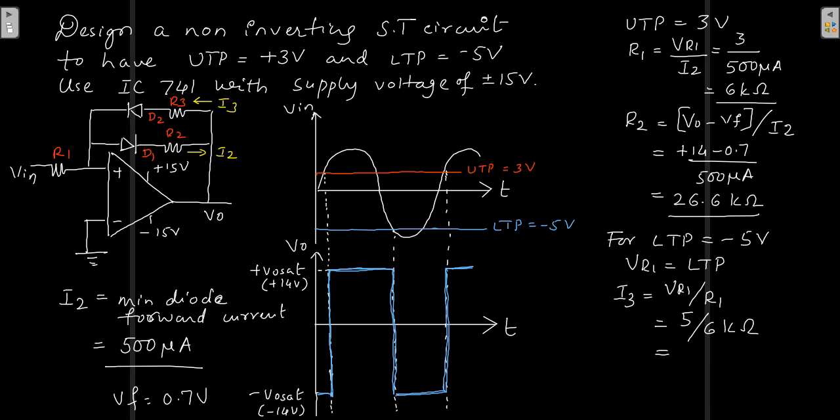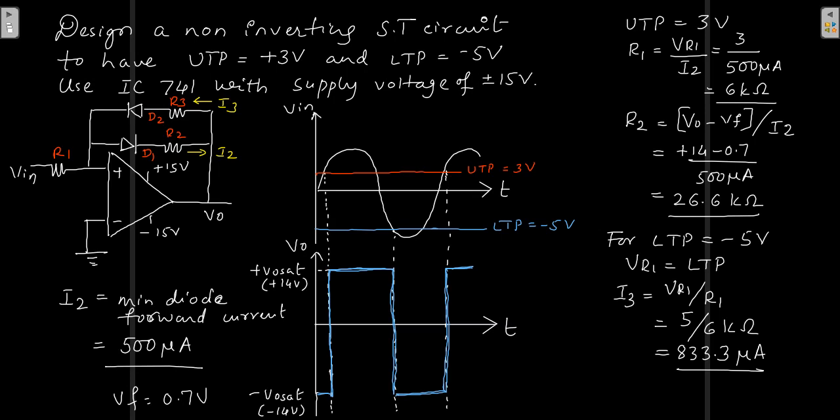So your I3 will be 5 divided by 6 kilo ohm. 5 by 6, 833.3. Can you tell me the unit? Microampere. Yes, it should be in microampere only.